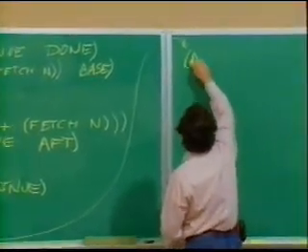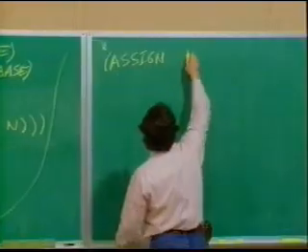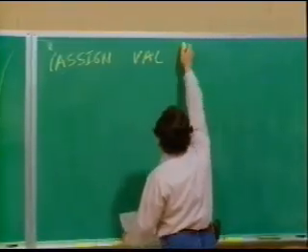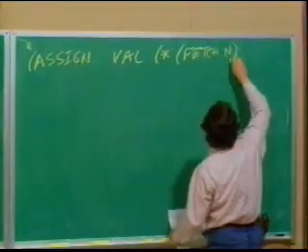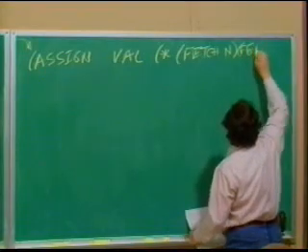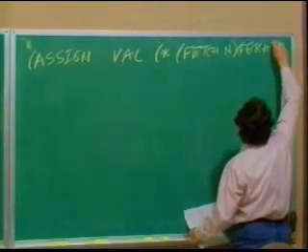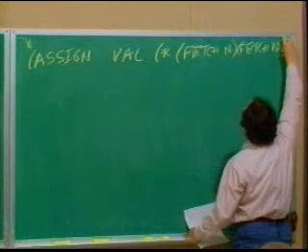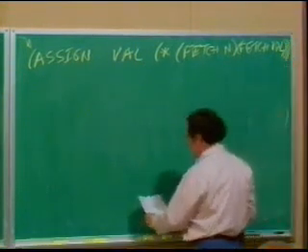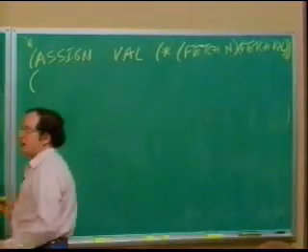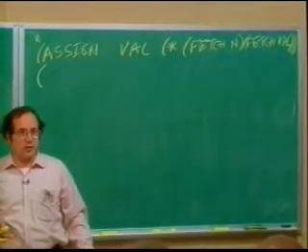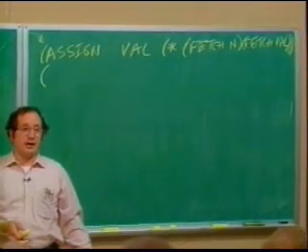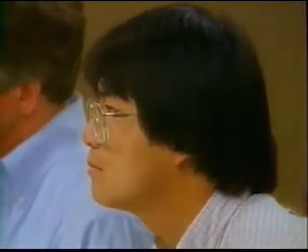I will assign to the val register the product of n and fetch val. And then I will be done. I will have my answer to the subfactorial in val. At that point, I'm going to return by going to the place where the continuation is pointing. That says go to fetch continue.